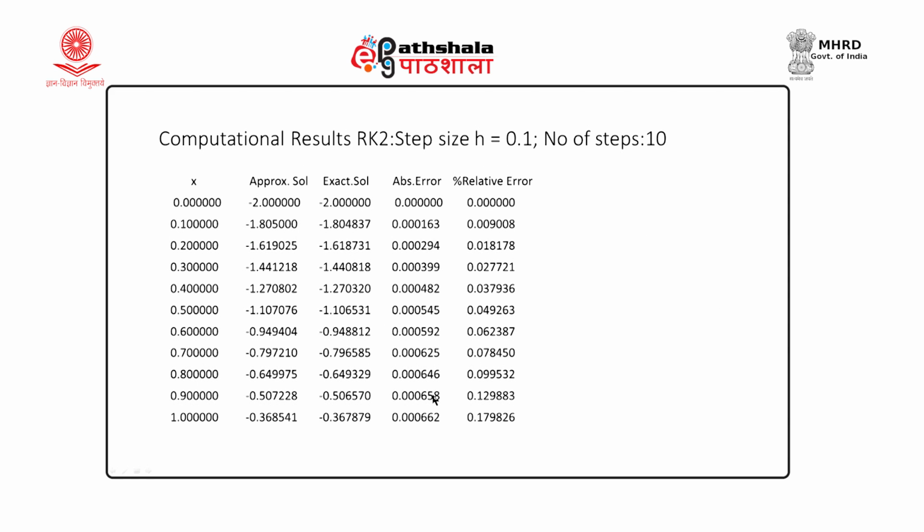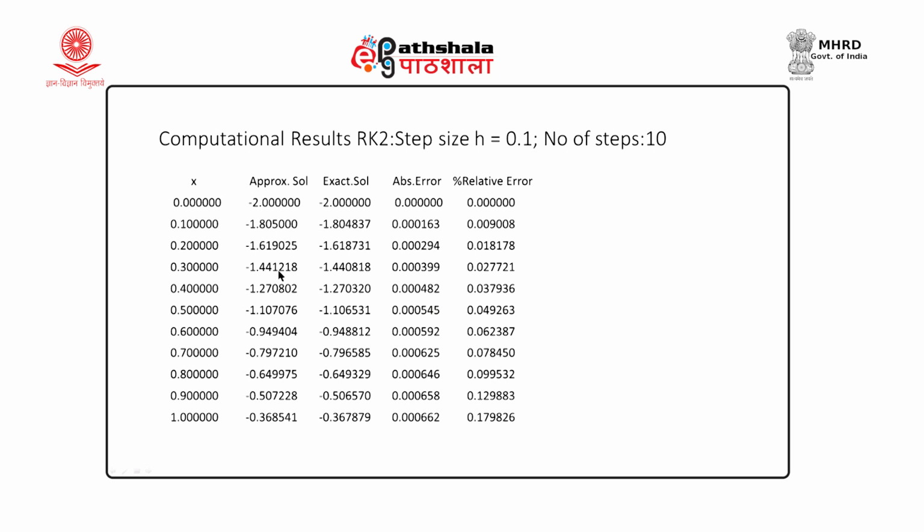If you look at the previous slide, the percent relative error increases as we go further, and the absolute error is also increasing. The reason is that y1, calculated from y0, is erroneous, not exact. It is then used to calculate y2, and y3 is calculated using y2.